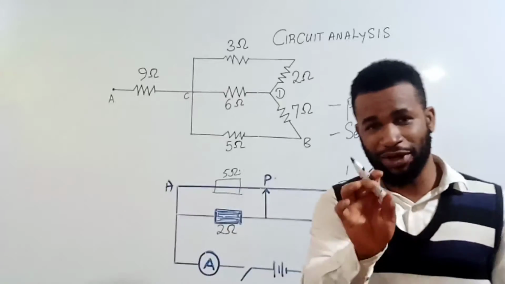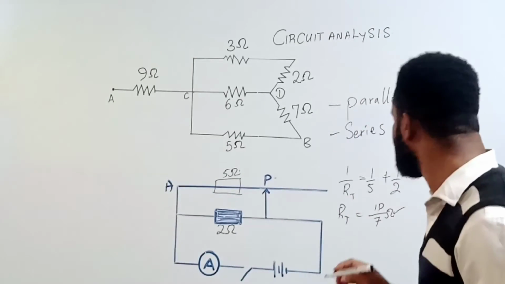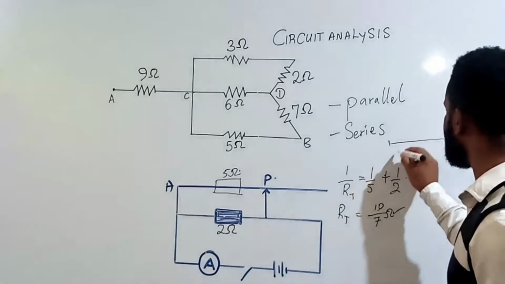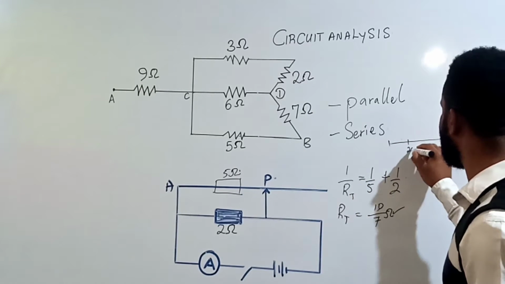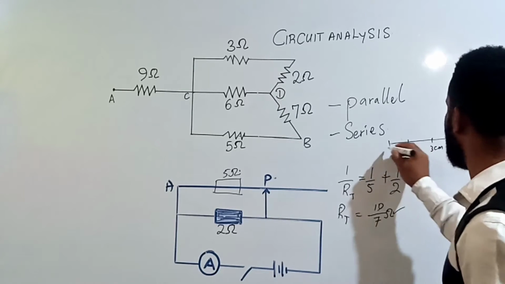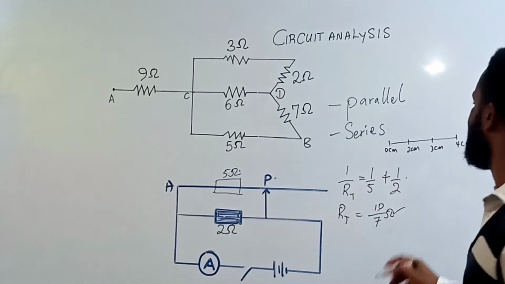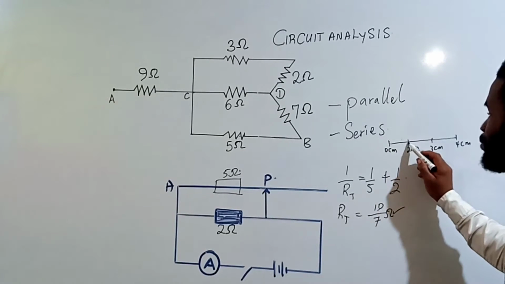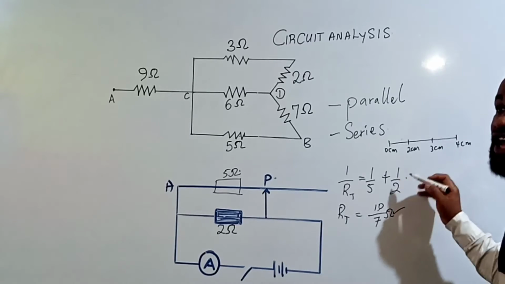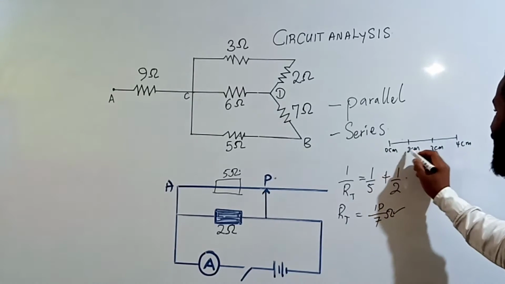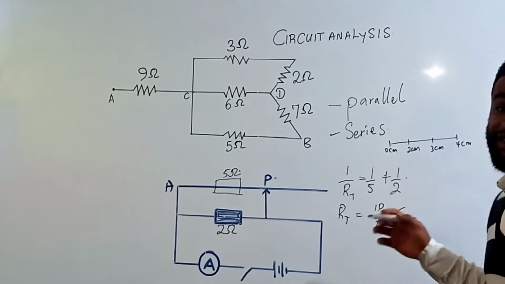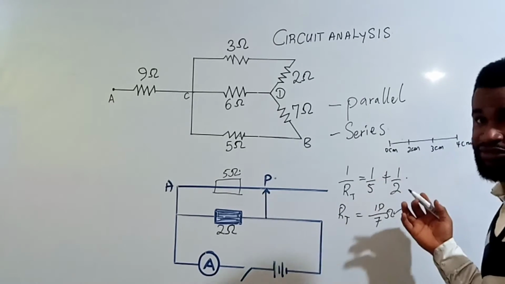That is too much of English, but let me explain what I mean. So if this is a wire and this is 2 centimeter, this is 3 centimeter, and this is 4 centimeter, while this is 0 centimeter. Now, from 0 to 2 is 2 centimeter. Now, they are saying that if the length is increasing, the potential difference, that is the voltage, will also be increasing.